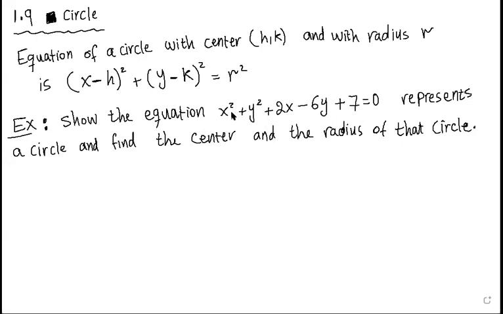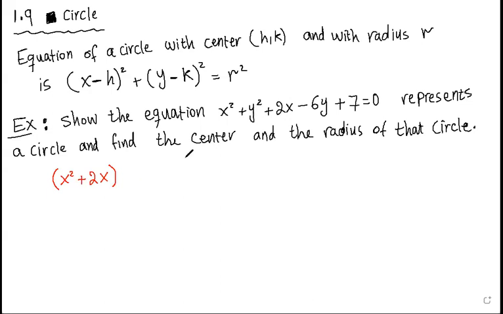So first thing, we have to put the similar variables on one side. I have x squared and 2x, and that's it, so I put them in one parentheses.